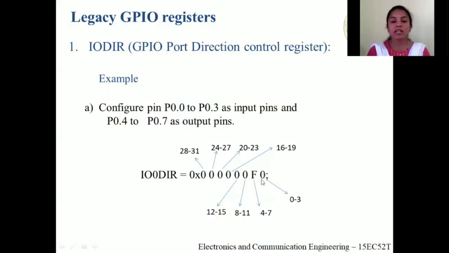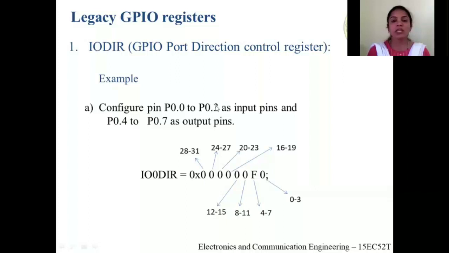Here the first digit represents the bits from 0 to 3 and the next digit represents bits 4 to 7. In the same way, the 8th digit represents the bits from 28 to 31. What they are saying is, we have to configure port 0 pins 0 to 3 as input pins. To set a pin as an input pin, we have to set value 0 on that pin by using the IODIR register, and to configure a pin as an output pin, we have to send value 1 on that pin by using the IODIR register.